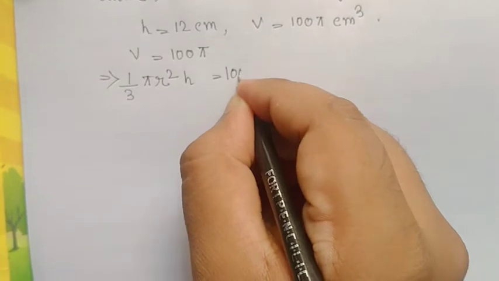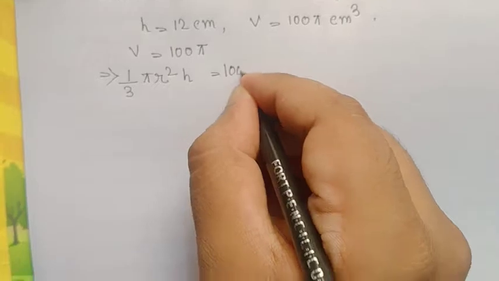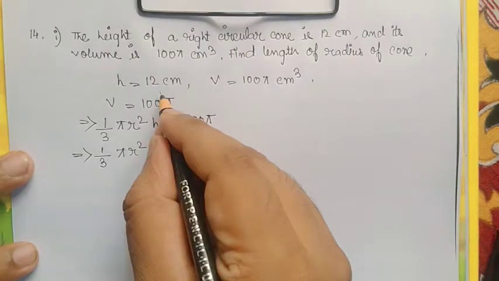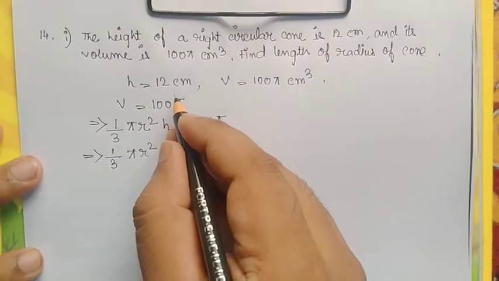So therefore, 1 by 3 pi r square h, where h is 12 centimeter.